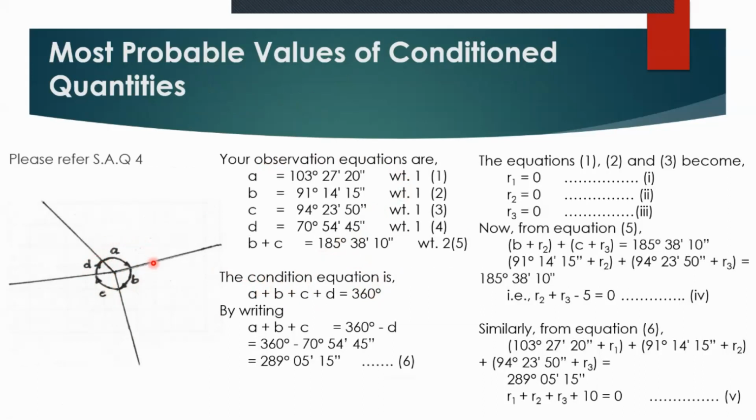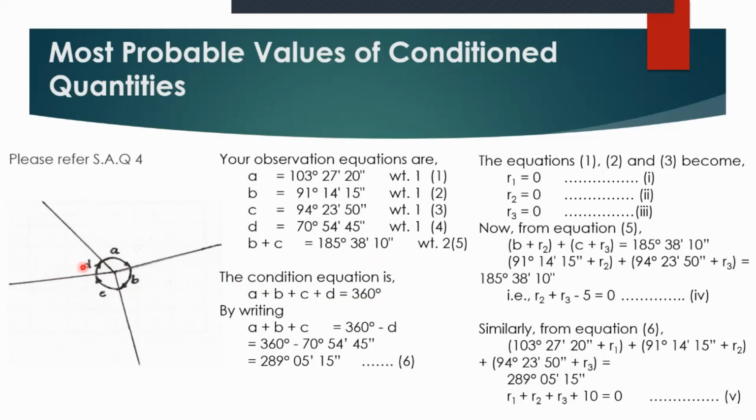You know that the angle around one point, when you turn and come to the same direction, you have moved in 360 degrees. So A, B, C, D addition must equal 360. This is a condition, right? Let's say you are measuring a triangle.